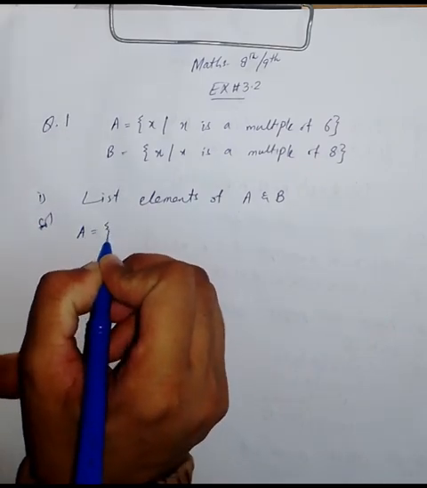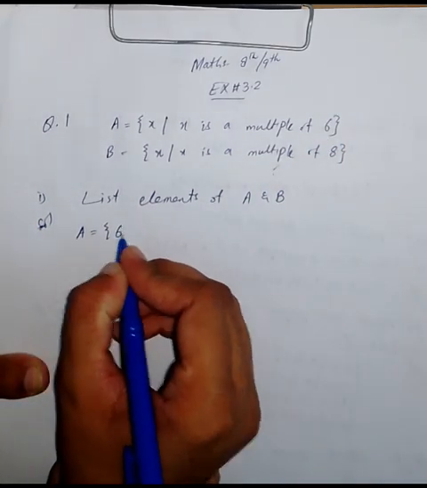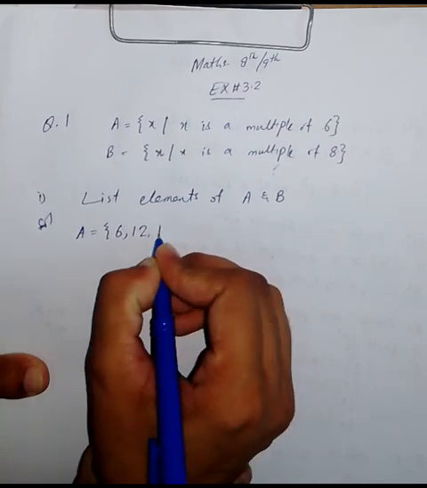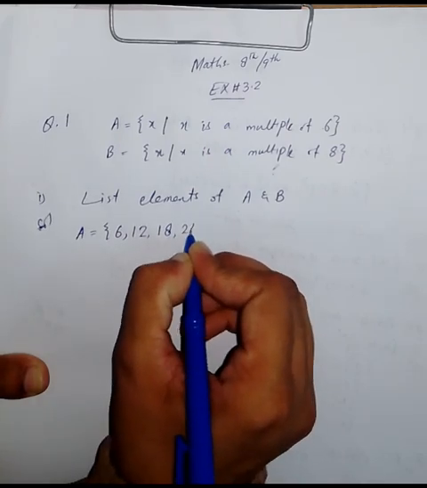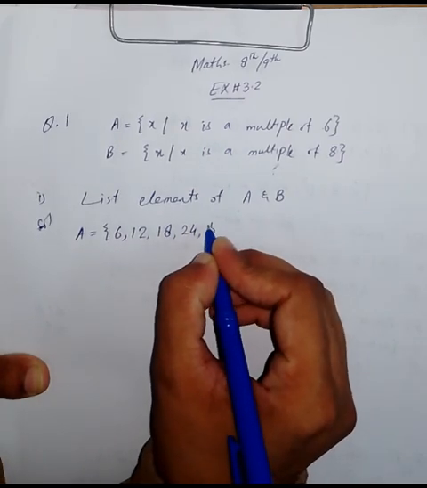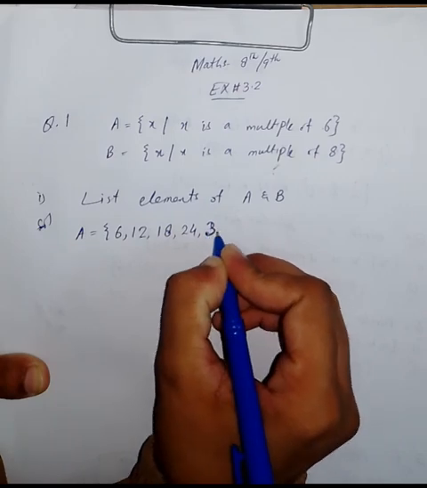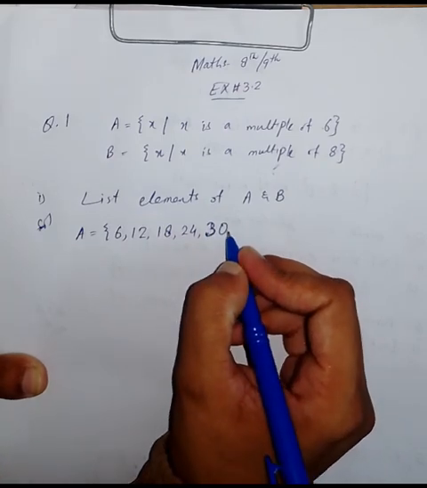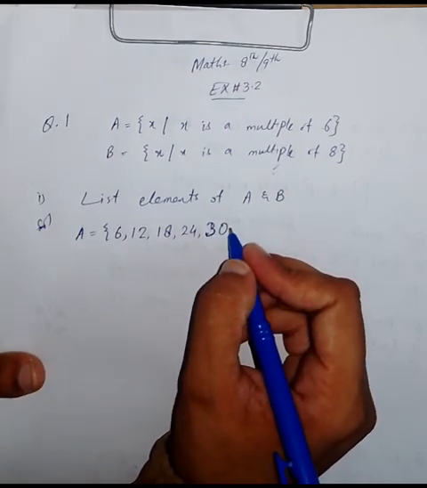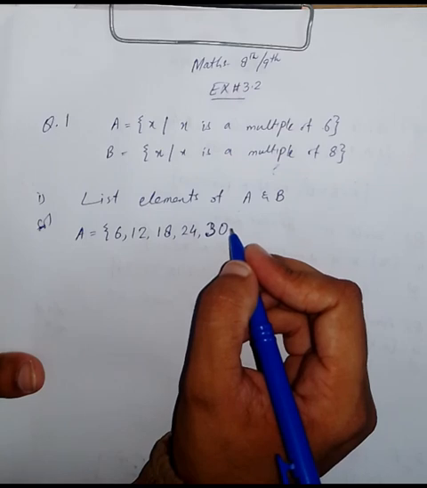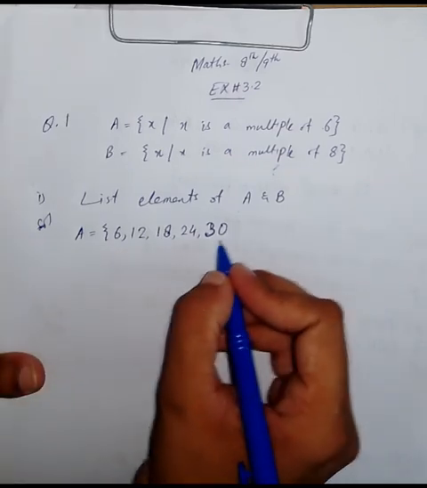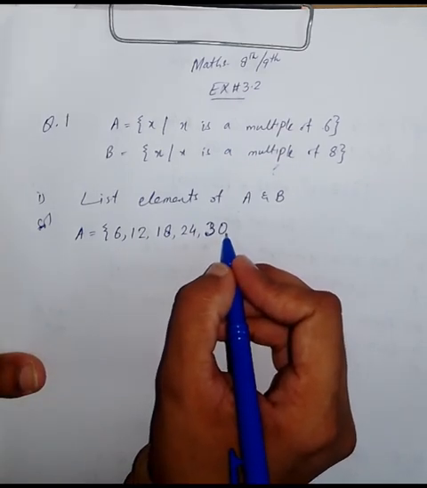What is the set A? Multiples of 6. 6 1s are 6, 6 2s are 12, 6 3s are 18, 6 4s are 24, 6 5s are 30. Since the universal set ends at 30, A should end at 30.